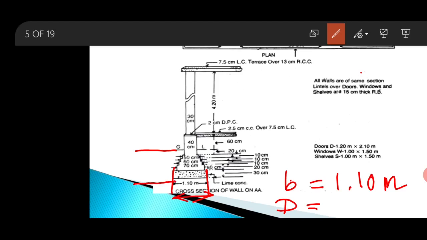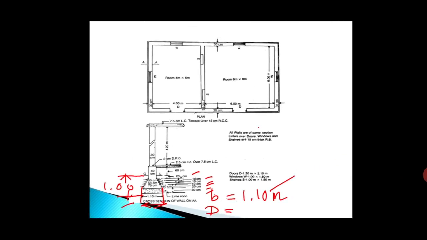So we will simply add 20, 10, 10, 10, 20, 30. So this will be equal to 50, 60, 70, 80, 100. So depth is equal to 1 meter. This B and this D are the same as in the case of your long wall and short wall. Only there is variation in the length. So B is 1.1 and D is 1.